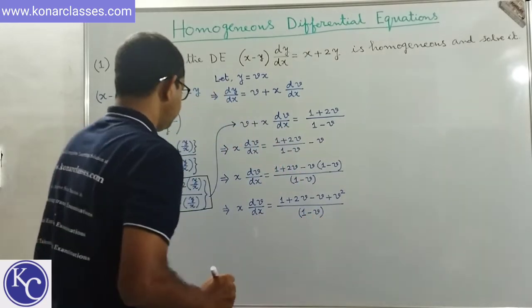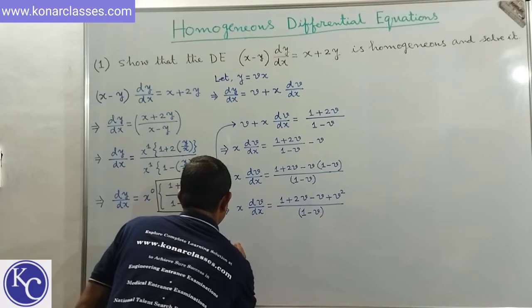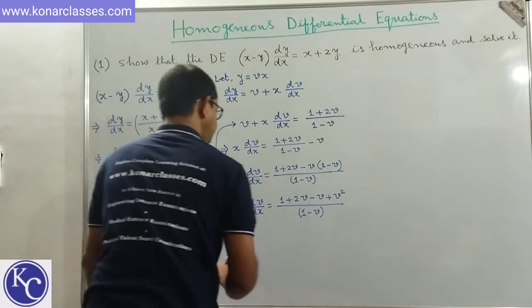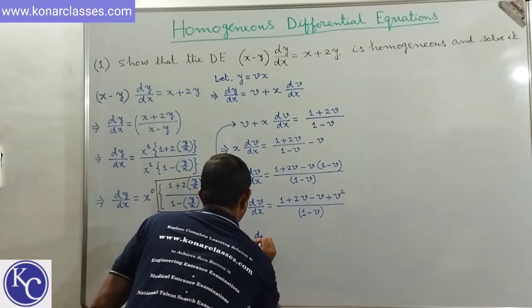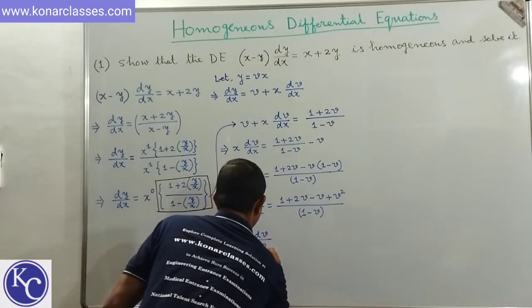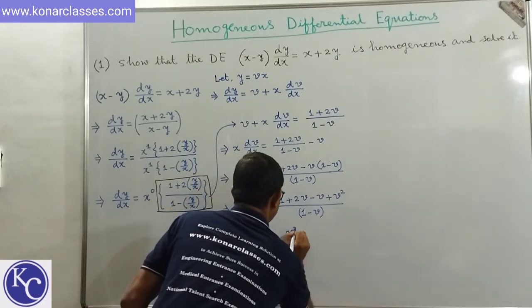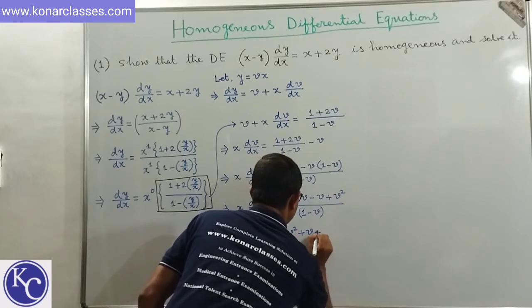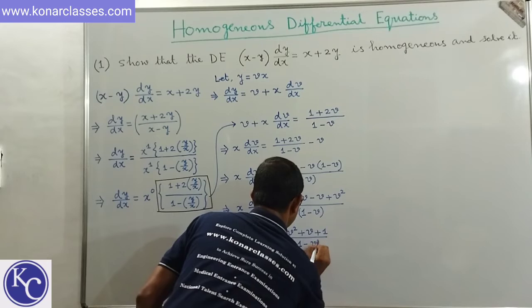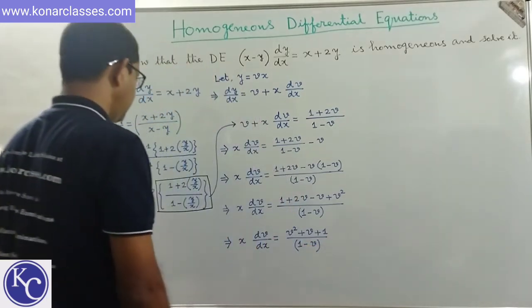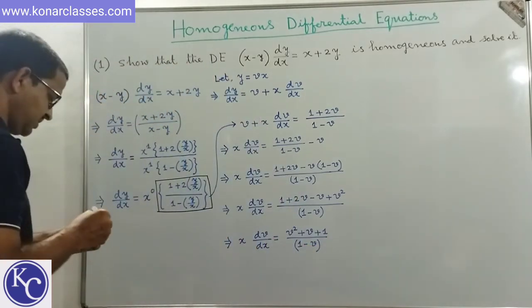So that implies we can write x into dv/dx is equal to (v square plus v plus 1) divided by (1 minus v).